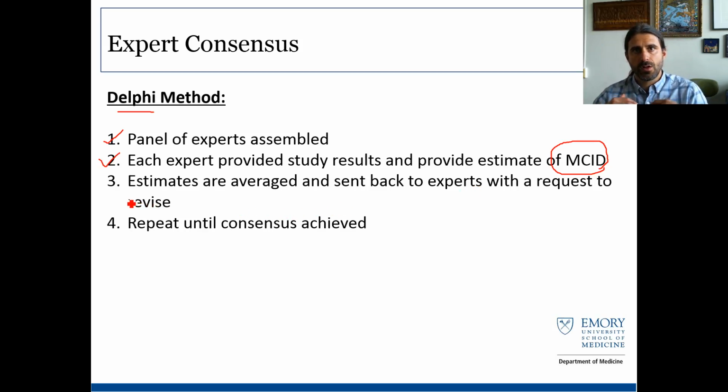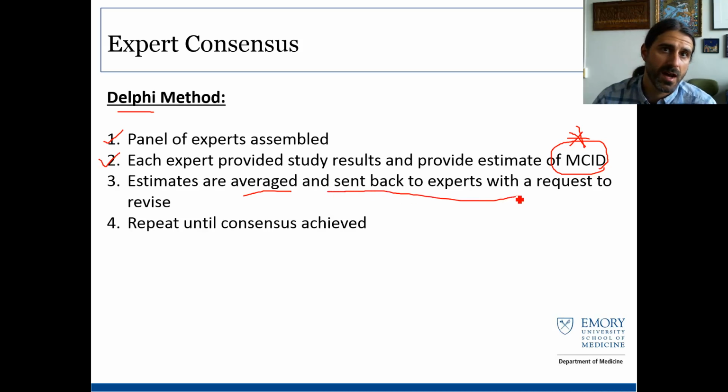Somebody collects all of those independent inputs, and they're averaged, and then that average is sent back to experts with a request to revise their original score, and this can be repeatedly done until some general MCID is agreed upon, or a range.